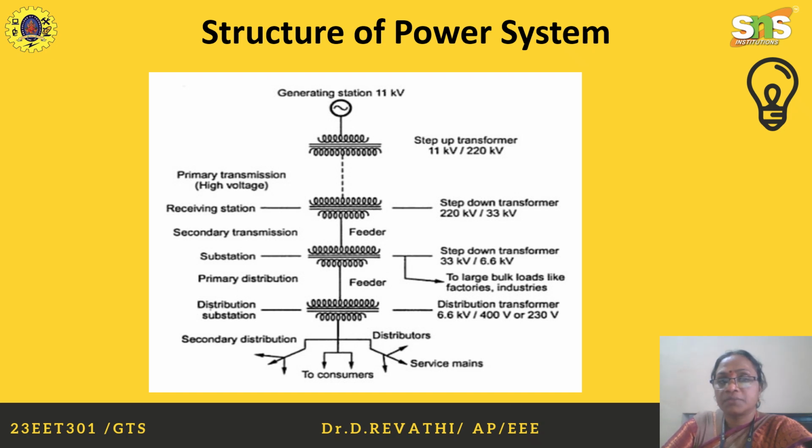After that comes the secondary transmission line, which is again stepped down to 6.6 kV.